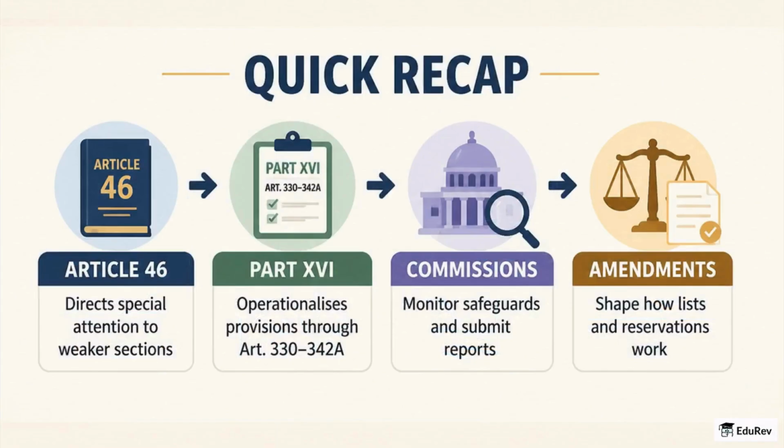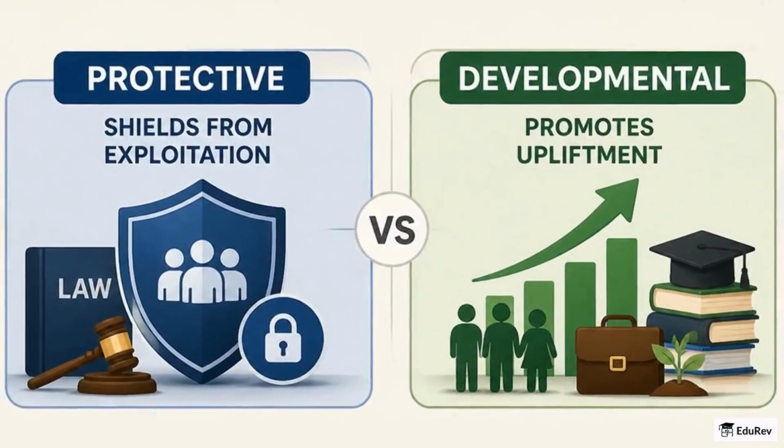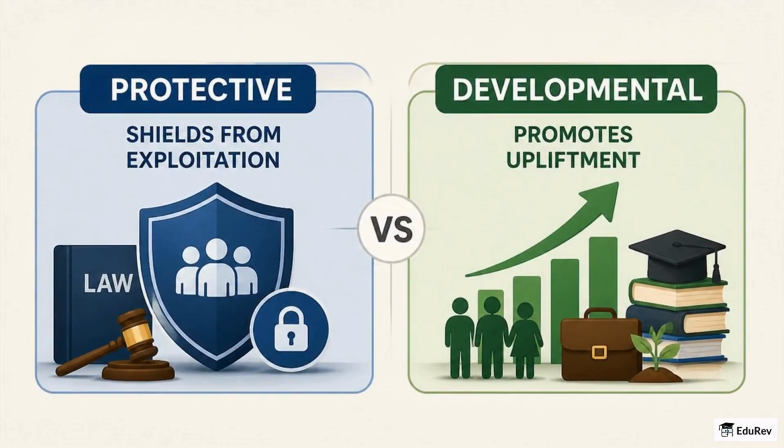Quick recap. Article 46 directs special attention. Part 16 operationalizes it with Articles 330 to 342A. Commissions monitor and report, and amendments shape how lists and reservations work. Keep in mind the protective versus developmental distinction. Some measures shield groups from exploitation. Others actively promote socio-economic upliftment.